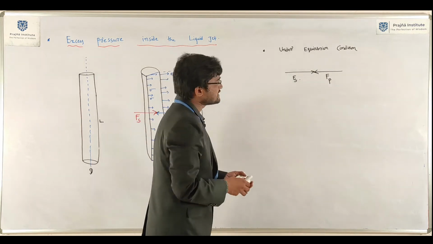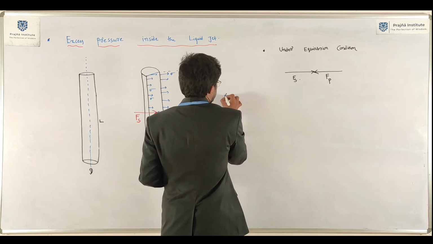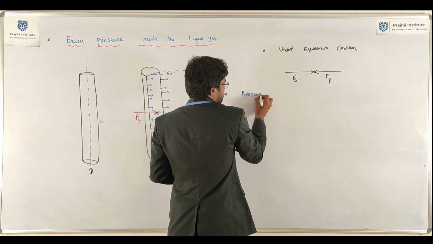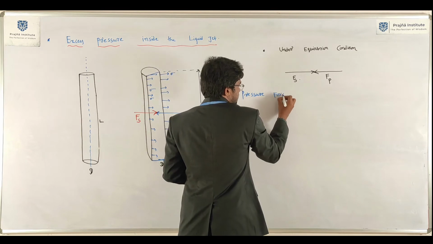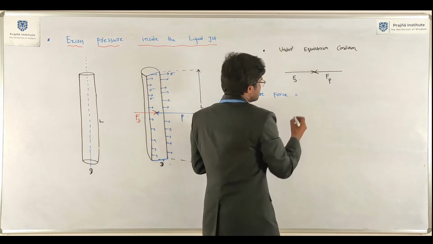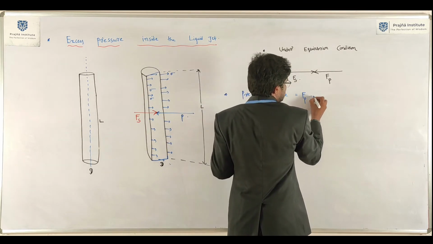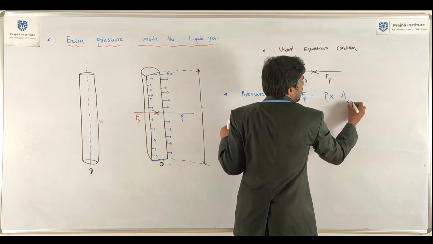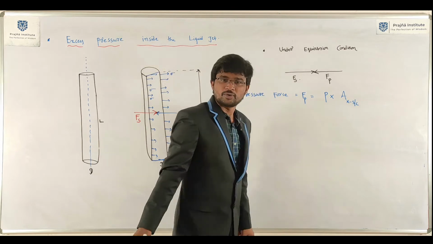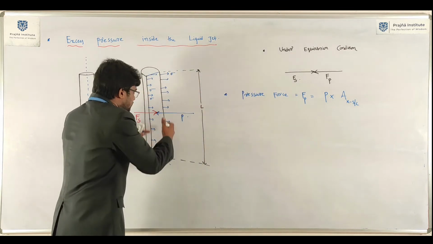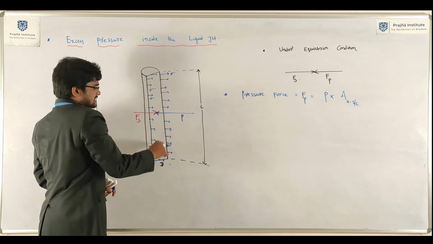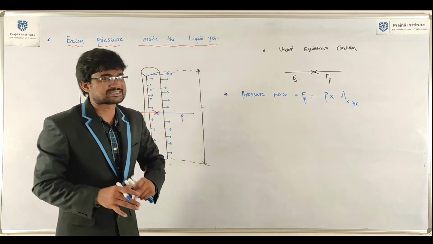Now, what is the magnitude of the pressure force? We already discussed how to determine pressure force: pressure into area of cross section. What is the area of cross section of the liquid jet? Here you can see a rectangular cross section.